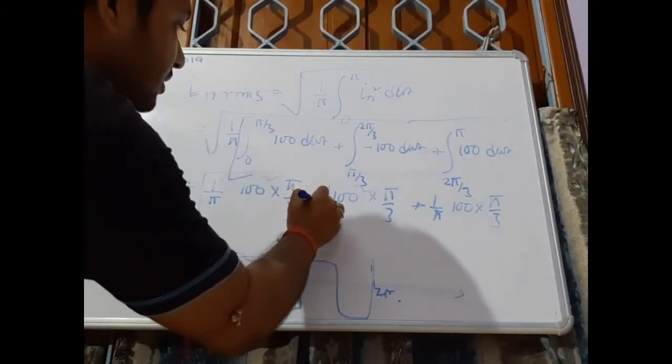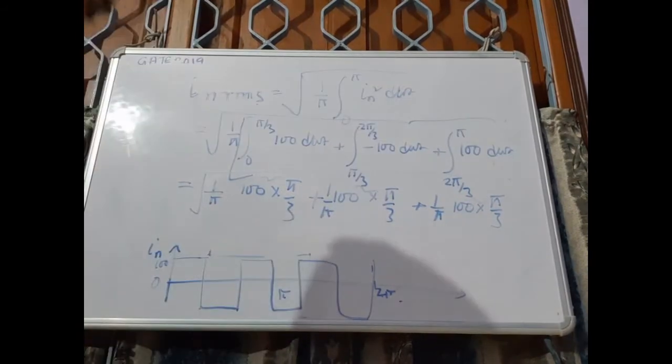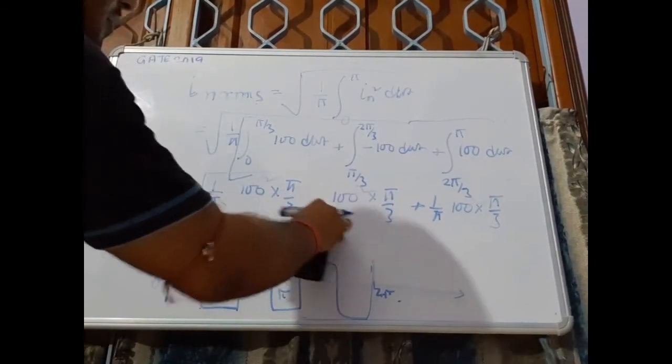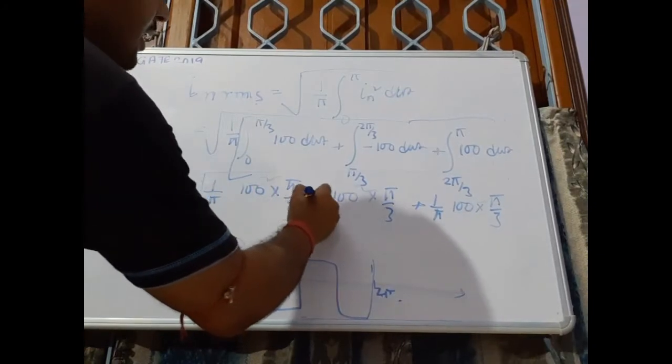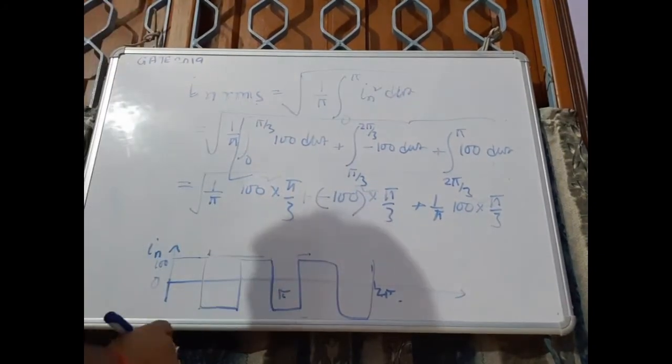So this will be plus, plus minus of 100 square.